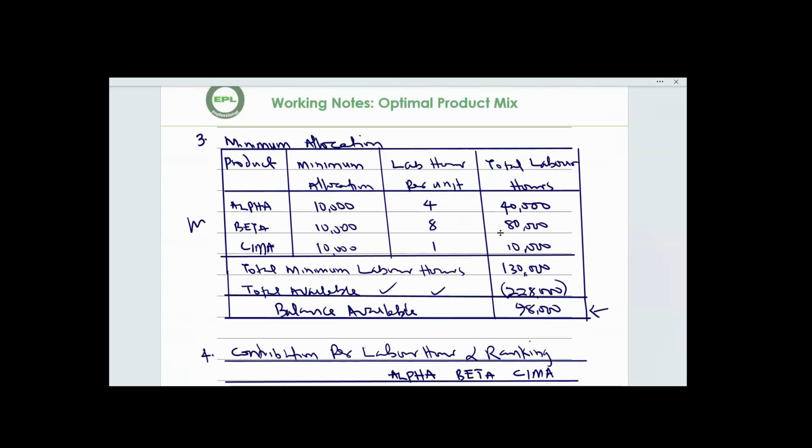Therefore, how many hours will be required to produce 10,000 units for Alpha, Beta, and Sigma? We have calculated total minimum hours required to be 130,000 hours. So out of the 228,000 hours, you have allocated 130,000 hours to produce 10,000 units for each of the products. So you have a balance of 98,000. So it is that 98,000 balance you are going to allocate out again, not the 228,000. Is it clear, Lekon? Yes, sir. Thank you, sir. All right.